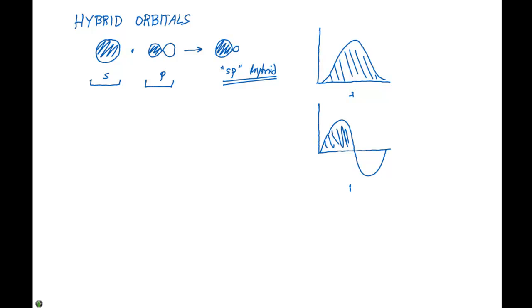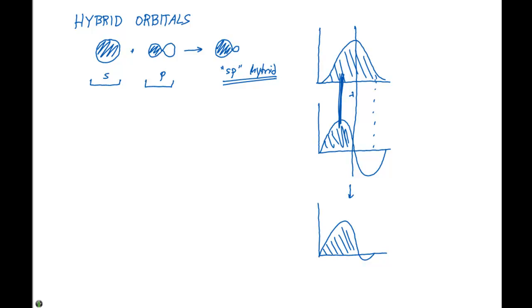When we add those together, we're going to get a function that results that if we cut this right down here in the middle, we're going to have constructive interference over here on the left-hand side and destructive interference over here on the right-hand side. So what's going to result is a wave that looks something like this.